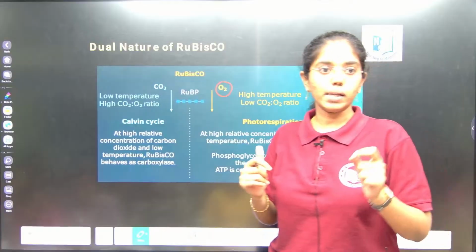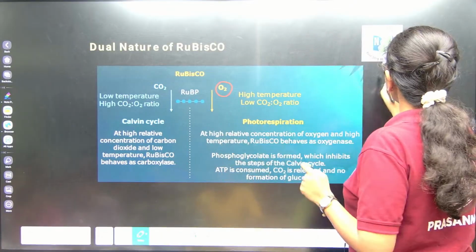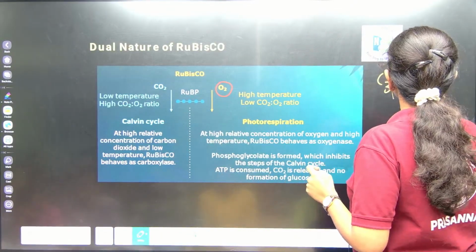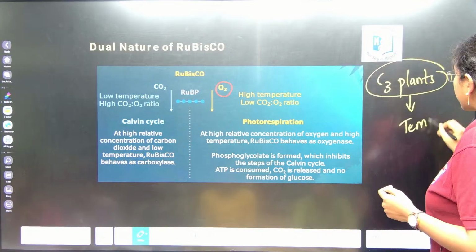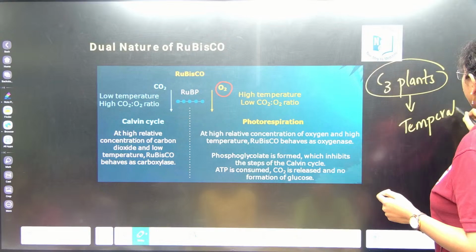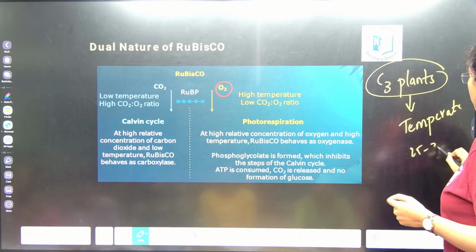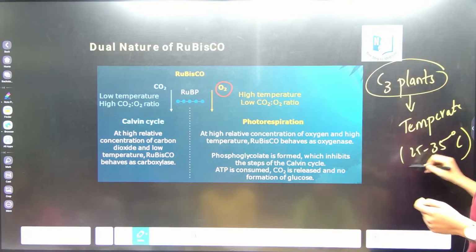Listen carefully. Once again, most of the C3 plants are temperate plants. Temperate plants' optimum temperature will be around 25 to 35 degrees Celsius.